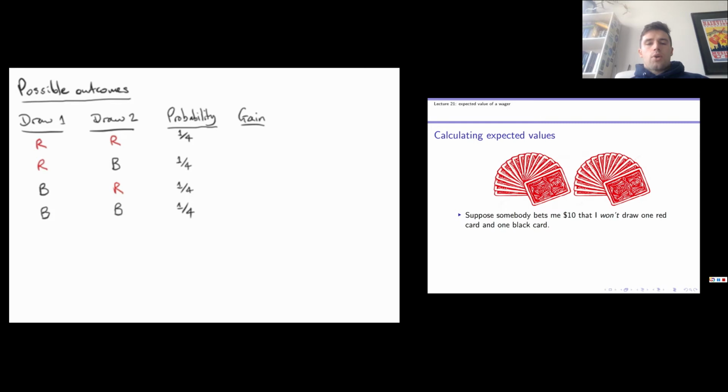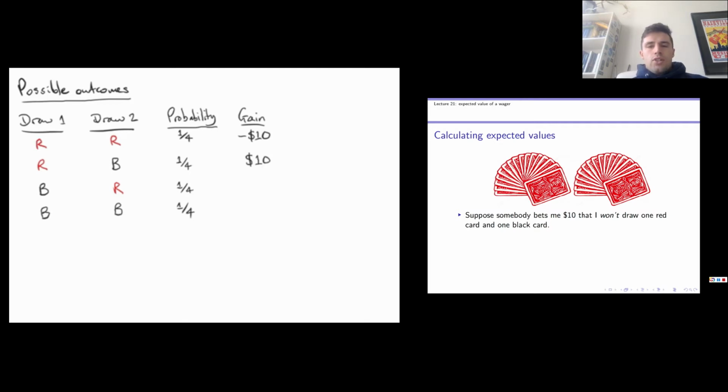Now, looking at outcome 1, we draw red, red. So in outcome 1, I do not draw one red card and one black card. So in outcome 1, I lose $10. And it's negative here to indicate a loss because our column is in terms of gains. Now look at outcome 2. There I do draw one red card and one black card. So in outcome 2 I win $10. Now look at outcome 3.